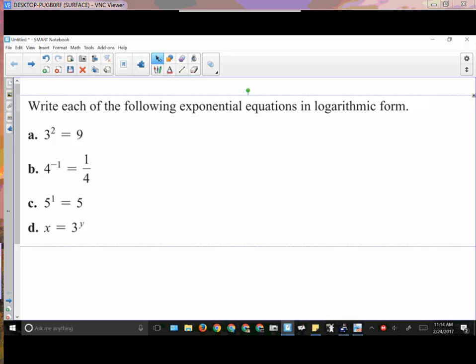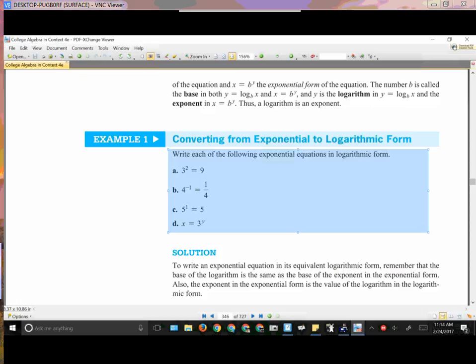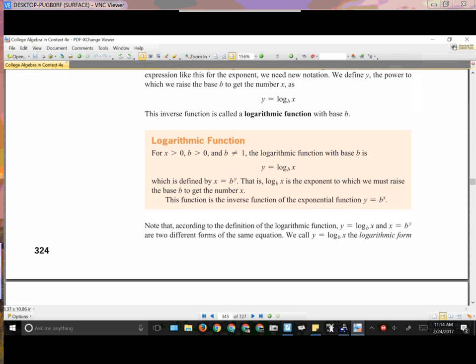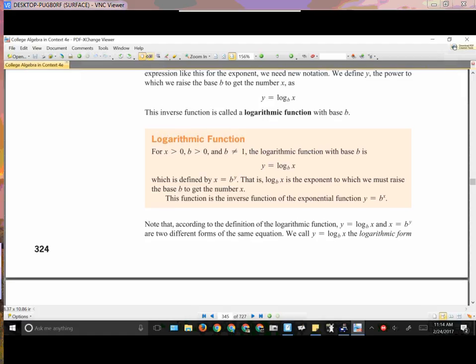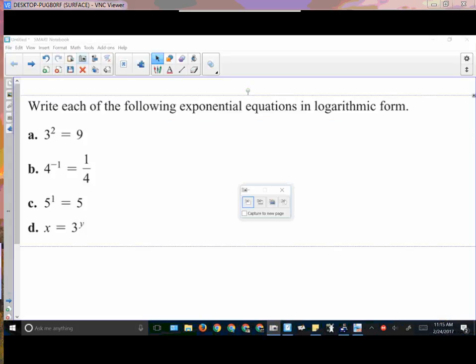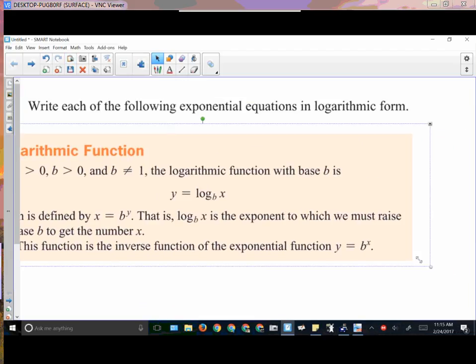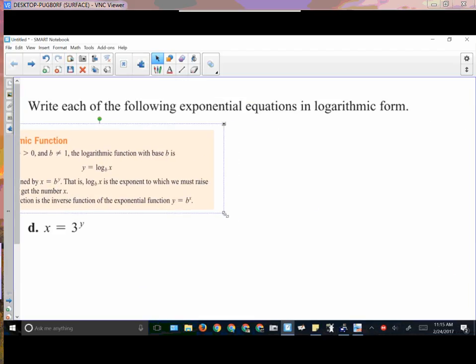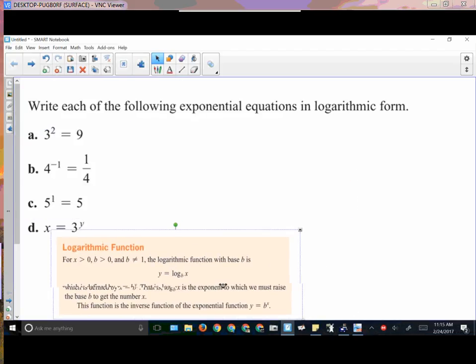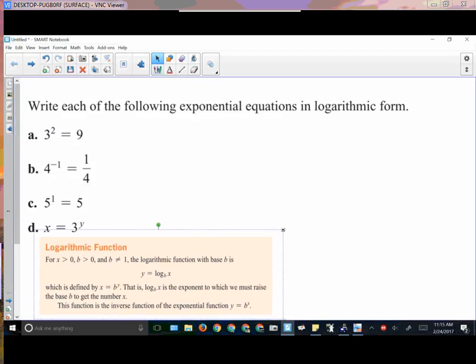now this idea that we have from right here, now this is written in the form x is equal to b to the y.